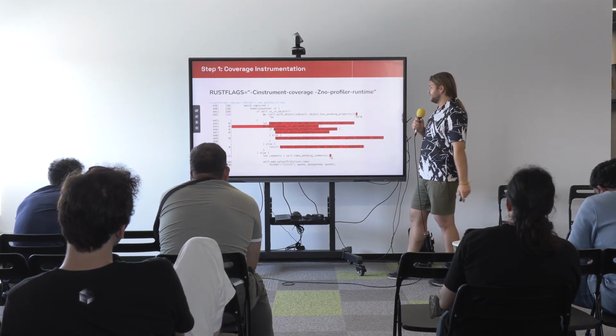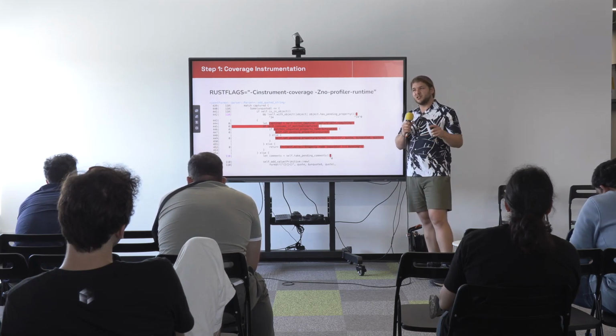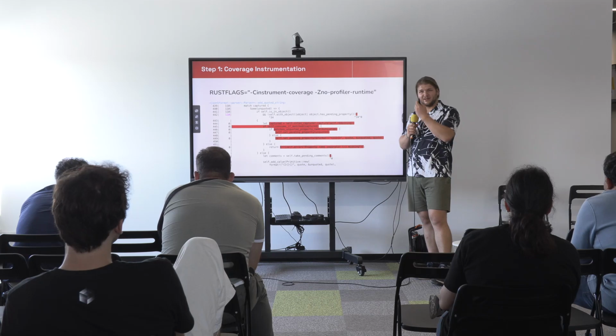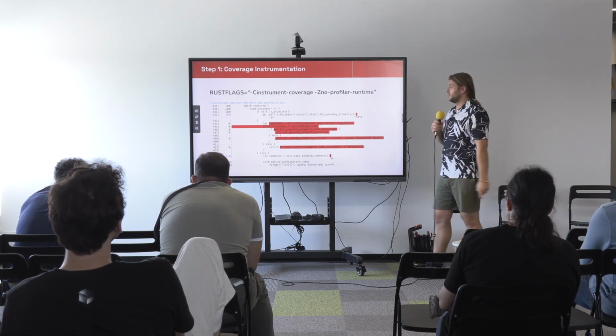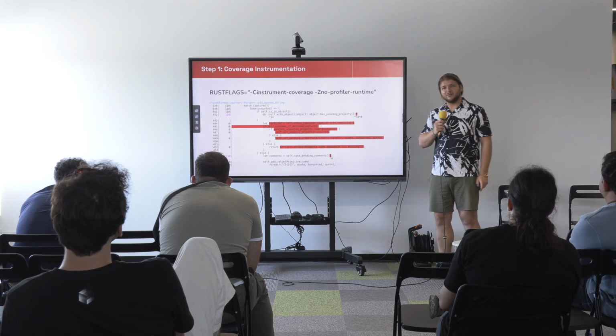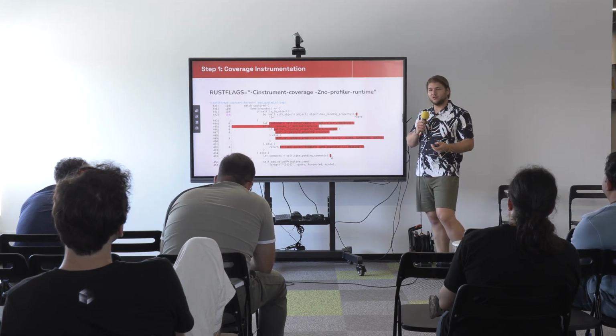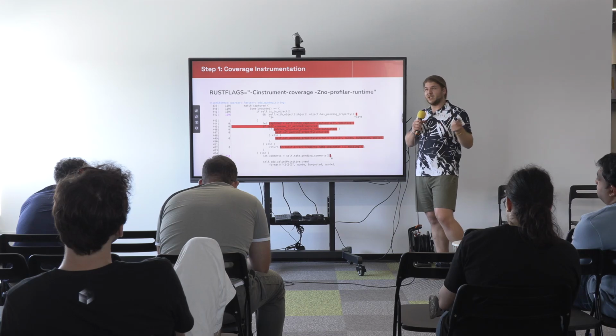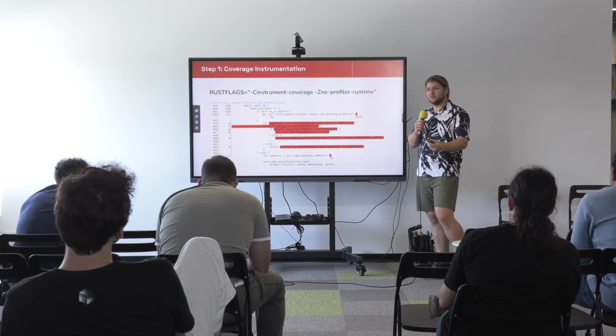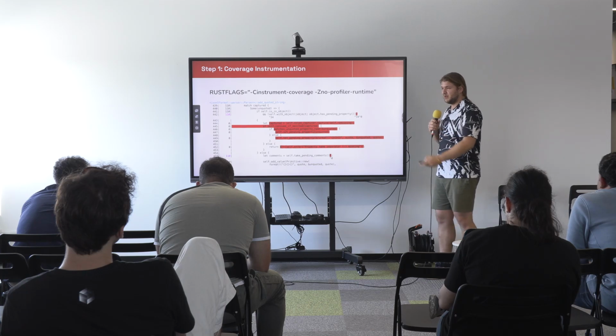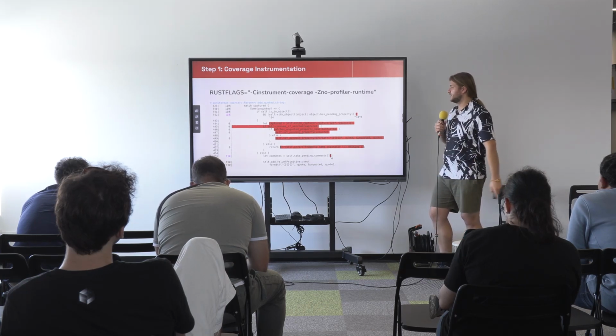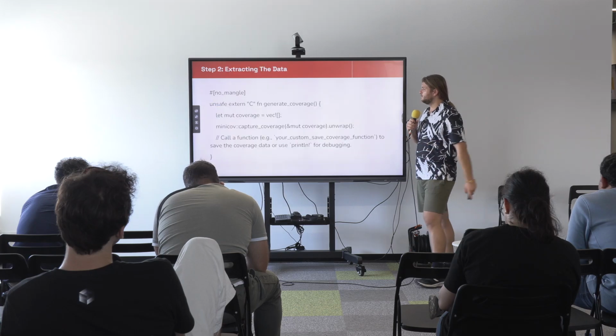Okay, and that's okay. Now we have some instrumentation in the code that's generating coverage data, okay? It's just that we cannot get it out, because normally it would write out some profile files because it would know that it's in an okay environment, but it doesn't feel safe here, okay? It's a no profiler runtime.